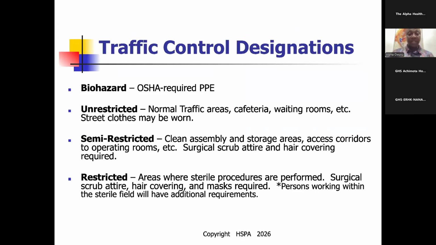Unrestricted area, normal traffic, that's the cafeterias, waiting rooms, etc. And then the semi-restricted area: the storage area, the corridors, the operating room, for example, surgical scrub attire and hair covers. The restricted areas are where the sterile procedures are performed. There you have to wear your surgical scrub.